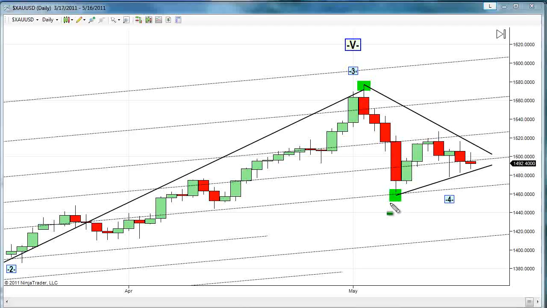Once we get our benchmarks, the way to really determine if in fact what we're looking at is a triangle correction as opposed to an ABC correction is that as the market trades, you get a series of lower highs and higher lows. Then the market trades up and you get a lower high and a higher low. And then as the market trades, you get a lower high and a higher low. So as you can see, it seems as though it's following in suit with that.